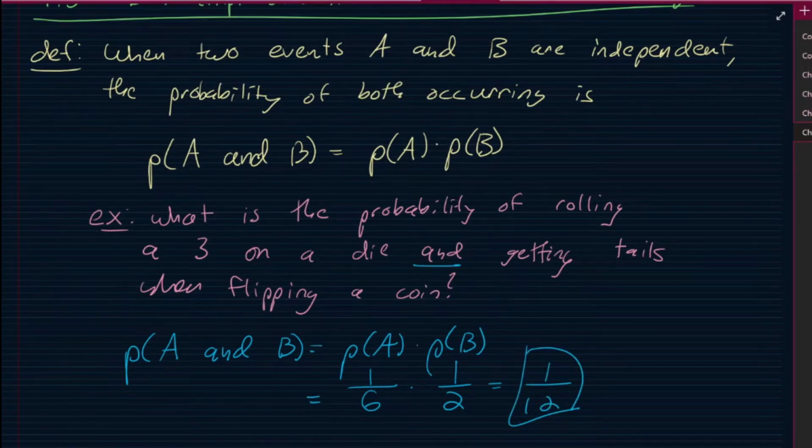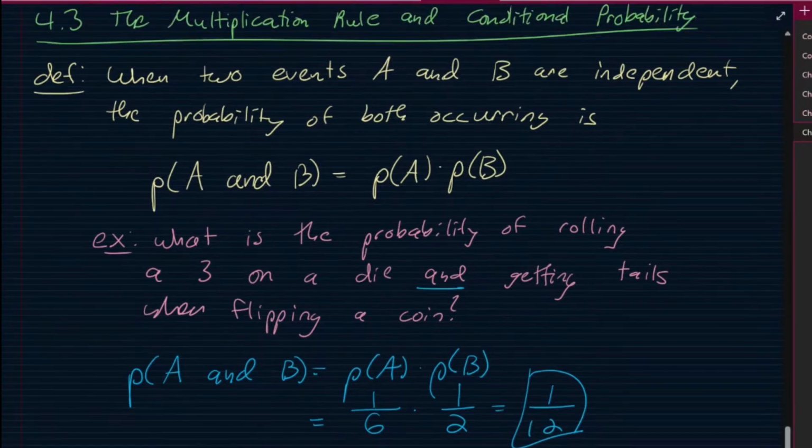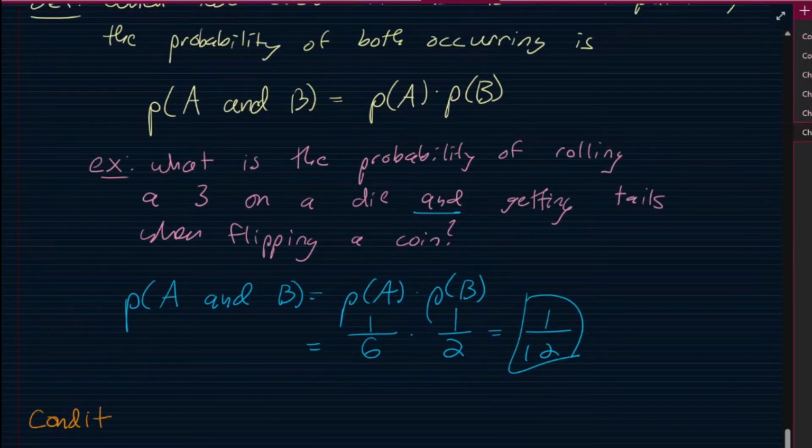Okay, and we've also got conditional probability. That's kind of when they aren't independent of each other. You know, event A happening influences the probability of B happening, or vice versa, something like that.